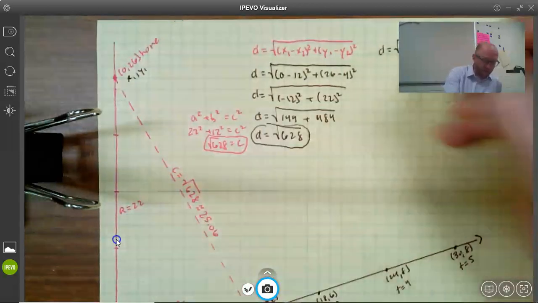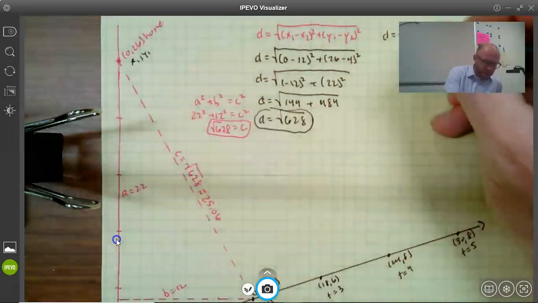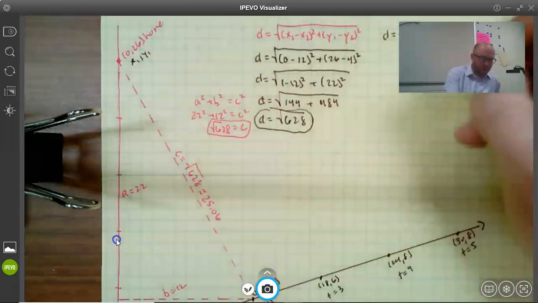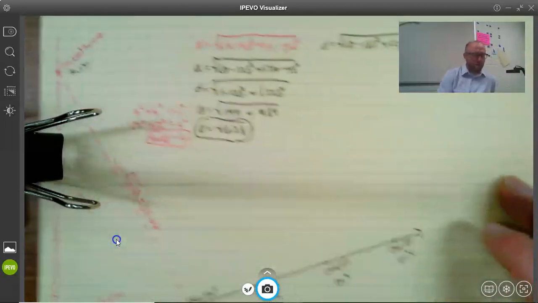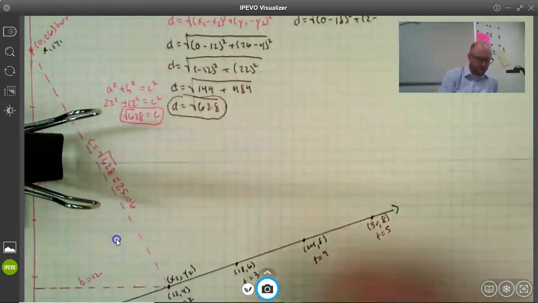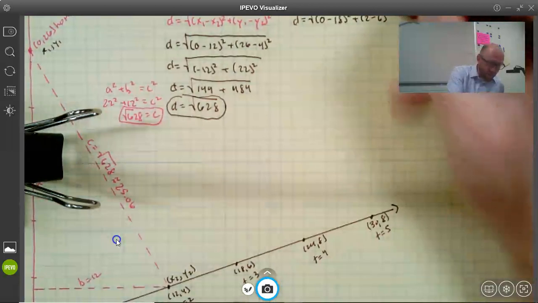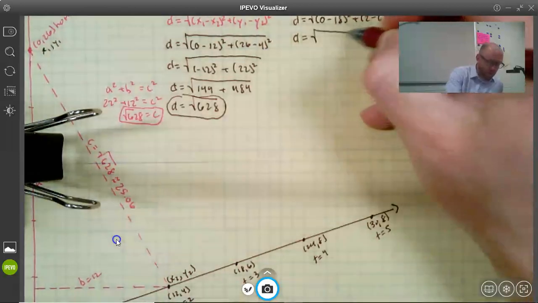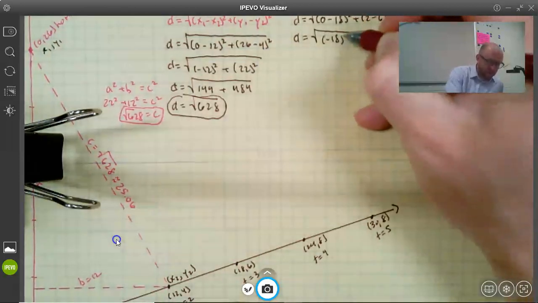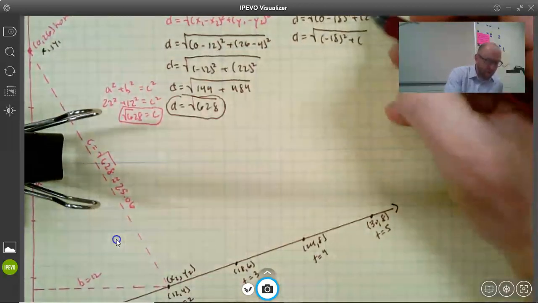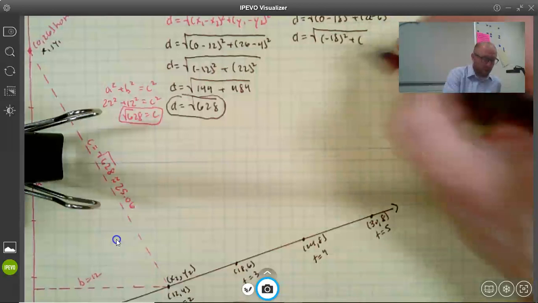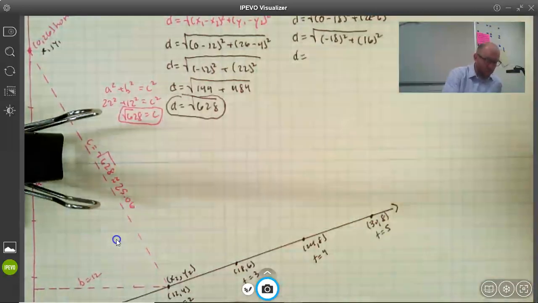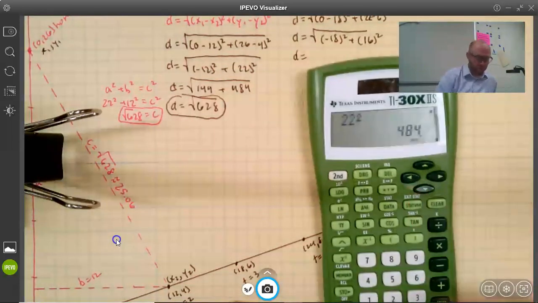So I have 0 minus, this time 18, squared plus 26 minus 6, squared, and that's all going to be equal to 0 minus 18 is negative 18, and 26 minus 6 would be 16 squared. And so I'm just going to use the calculator at this point.